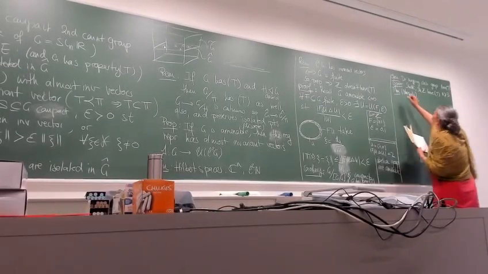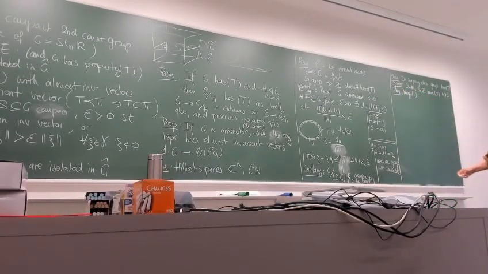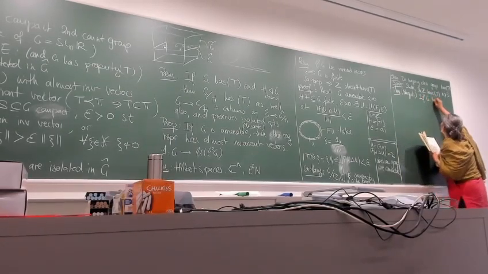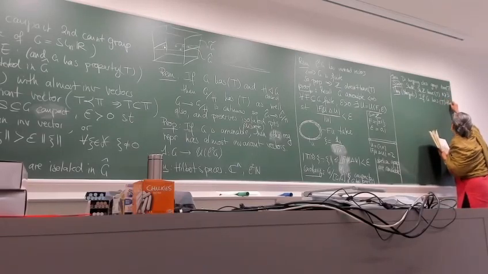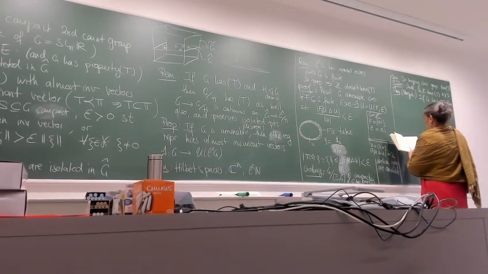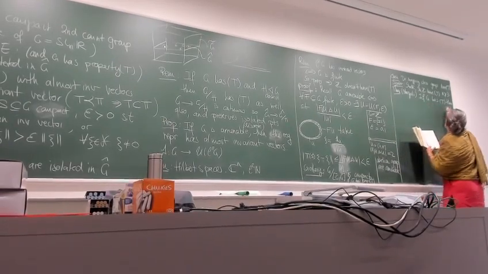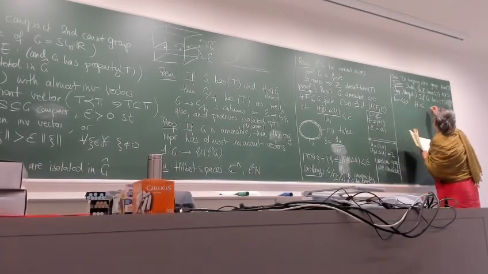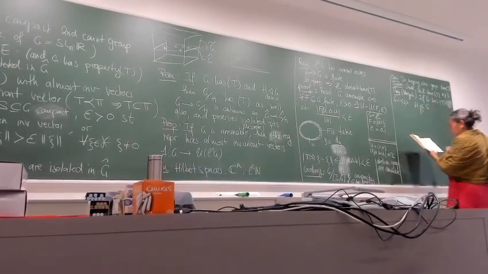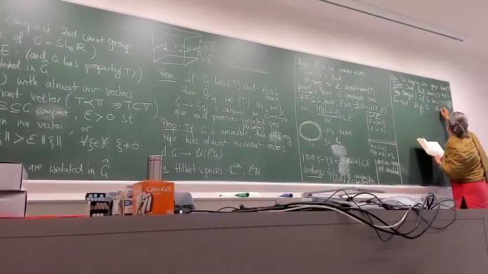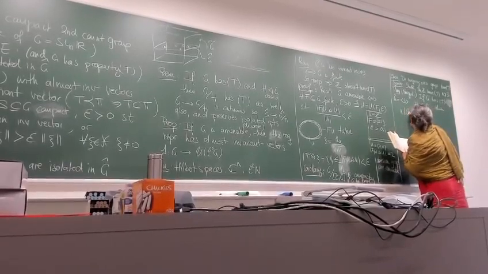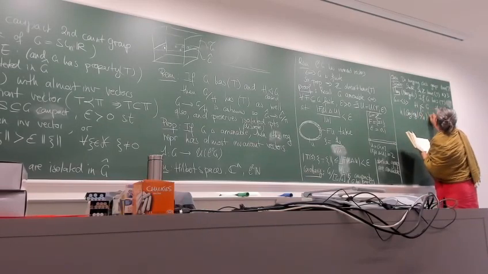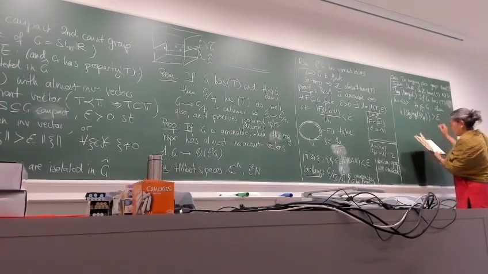So the theorem by Margulis, which is really interesting once you know that SLn(Z) has property T, is that if G has T, and G is finitely generated by S, and H has finite index in G, then the Cheeger constant h of the Cayley graph of G mod H is greater than epsilon.